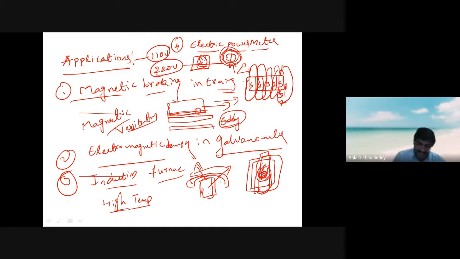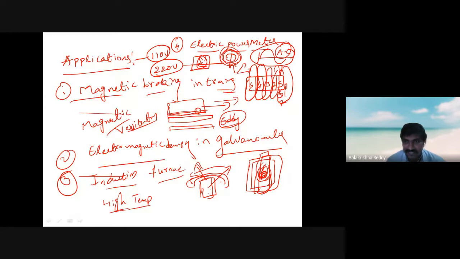How has the disk rotated? Because the eddy current is produced in a coil, therefore the disk has rotated here. Of course, the 220 volts enters in the form of an AC signal, like the AC sinusoidal waveform we saw in yesterday's class. Whenever positive enters and whenever negative enters, a field is induced in the coil.